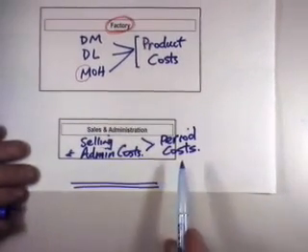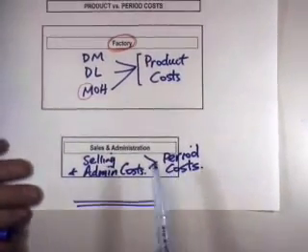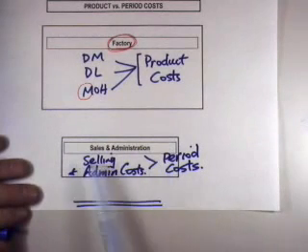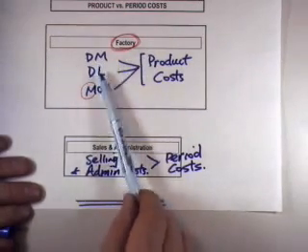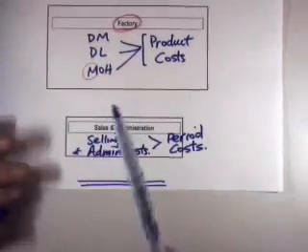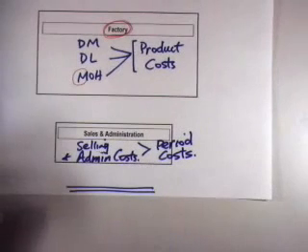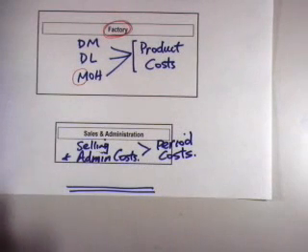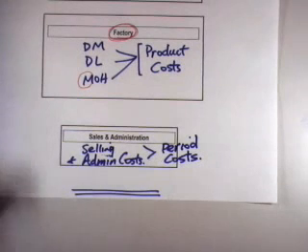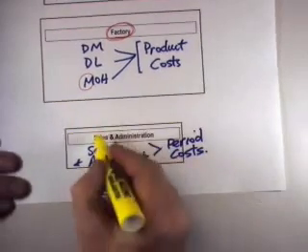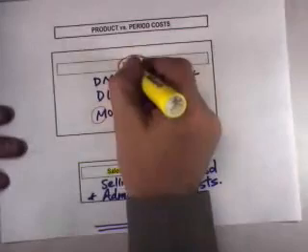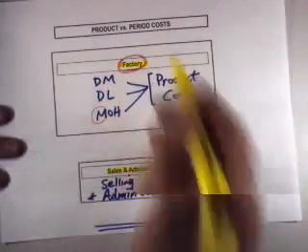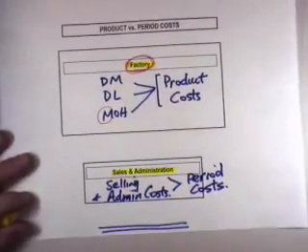They're also called non-inventoriable costs because they're not housed in inventory like direct material, labor, and manufacturing overhead are. And sometimes they're called non-manufacturing costs because they are related to the sales and administration of the company and the products rather than the producing or manufacturing of the product, like the factory.